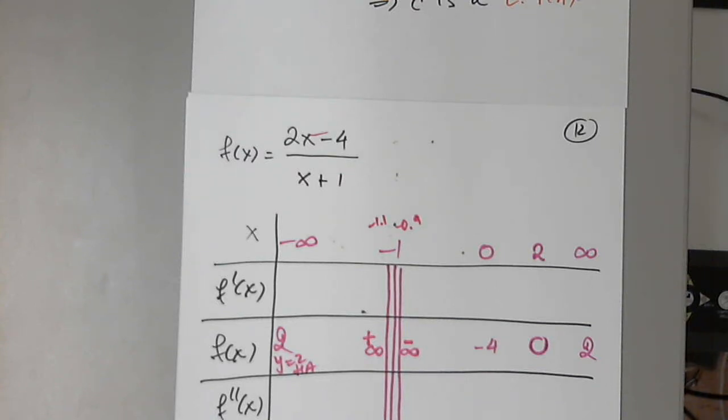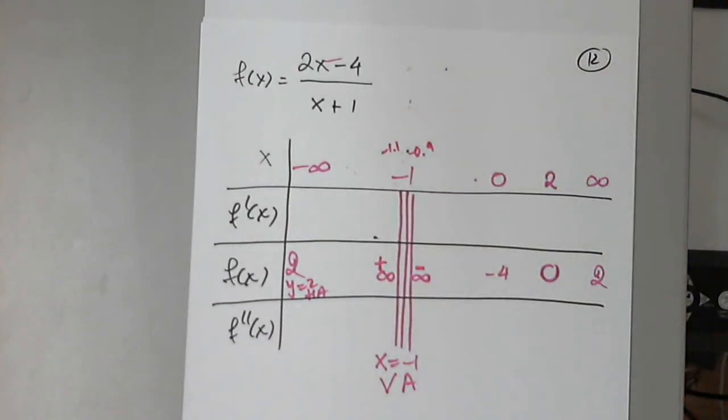One more time. What did I learn? Limits for the end behavior, limits left and right of the vertical asymptote, the x-intercept, and the y-intercept. There's nothing else. Now I will differentiate the function. And then if we have time, we'll study this sign. If not, we'll stop.